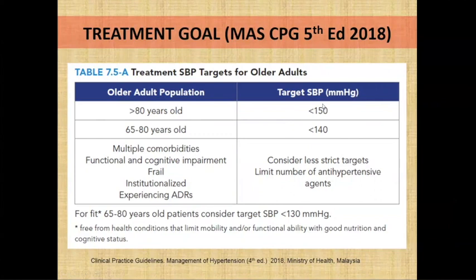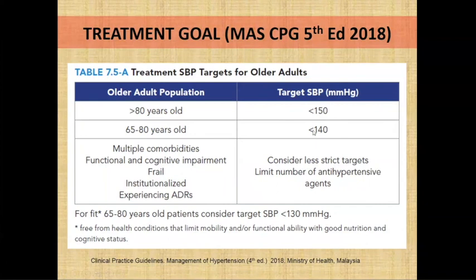This is the Malaysian guideline. More than 80 years old, which is a very old person, we call it. You see, young adult, older adult is more than 60. More than 80 is very old adult. So for very old adults, the treatment guideline is less than 150 systolic. For 65 to 80, it is less than 140.